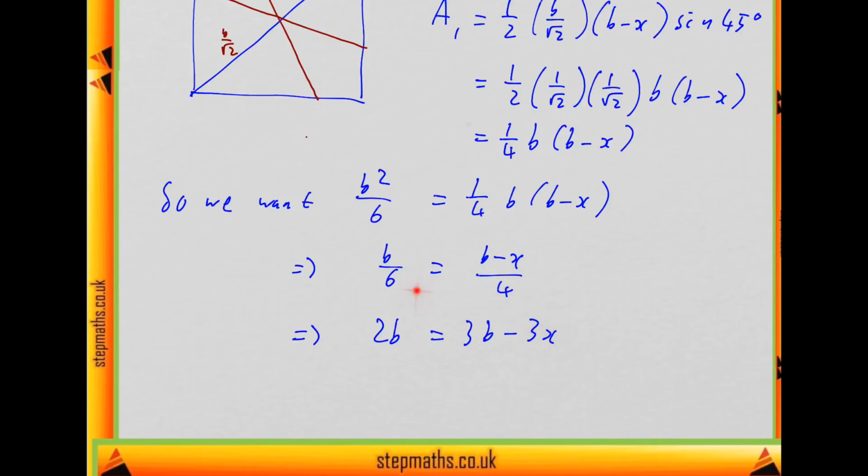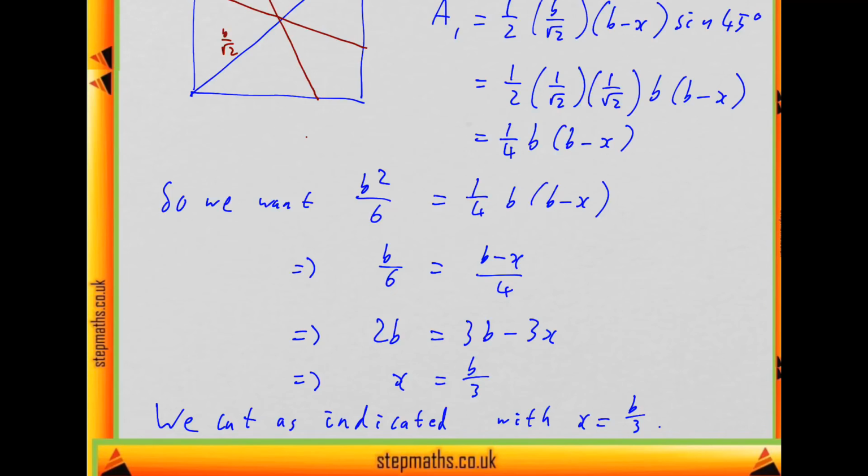Then I just move the x across, move the 2b across, so I'm going to get 3x equals b, or x equals b over 3. So this is my distance x. Since the question was in the form where on the sides of the square with respect to the nearest corner should the other two lines cut, we might just write a sentence saying exactly what x means, although it is clear from our picture. So we'll just say we cut as indicated in the picture, with x equals b over 3. And that's the end of this question.